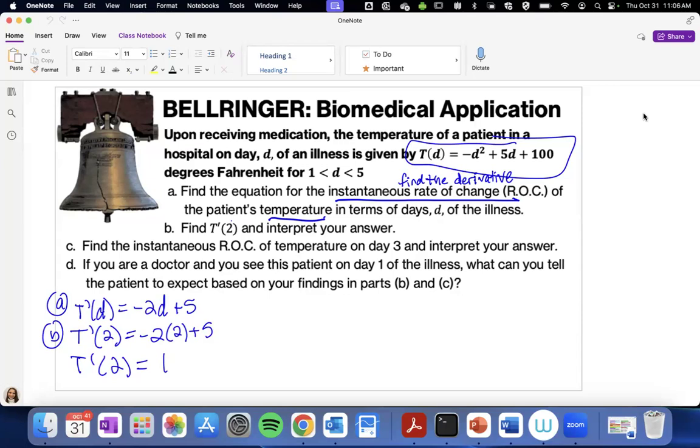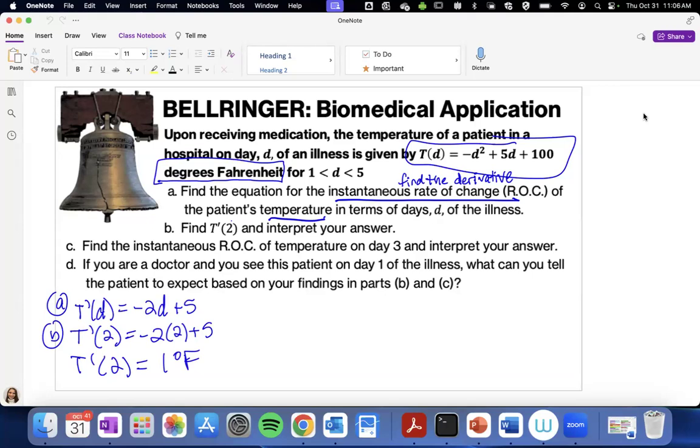Okay, what are my units? Help me out. What are my units for the derivative? Derivative is slope, so it's just y over x. Temperature is measured in degrees Fahrenheit, right? And then what does D represent?